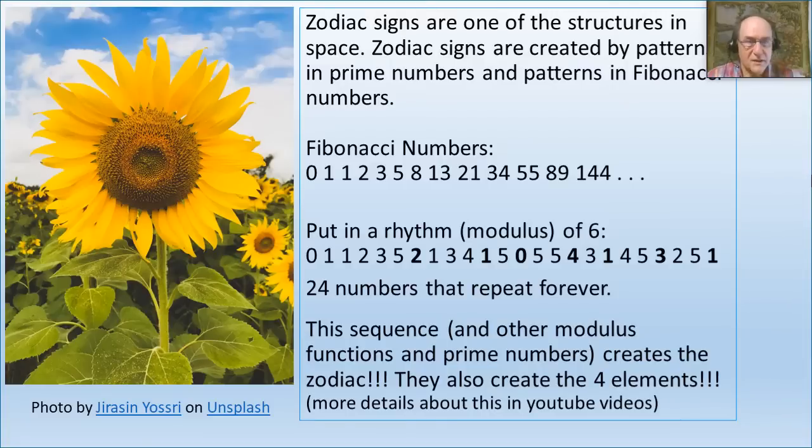There's spin, and all we suggest is that you take this number sequence of organic growth. There it is. There's the sunflower. You take that sequence of organic growth and you hypothesize that it's connected to spin.